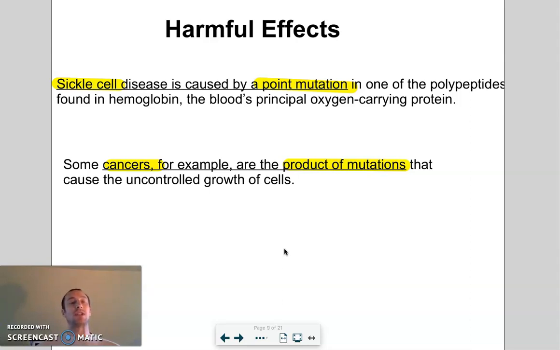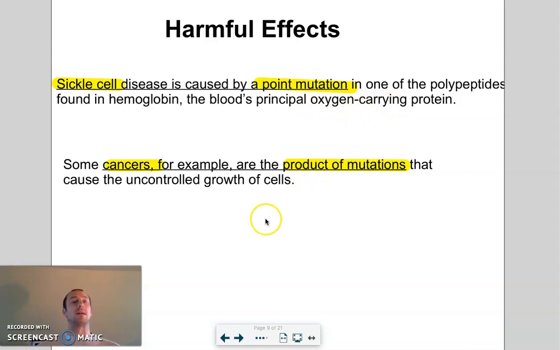If you change it, it changes how that protein folds. So hemoglobin, instead of taking on a nice round shape, takes on sort of a sickle shape, and that impacts how well it moves through your bloodstream. So this is an example of where a single point mutation can have pretty negative impacts on your hemoglobin, the protein that carries your oxygen, and its ability to do its job.